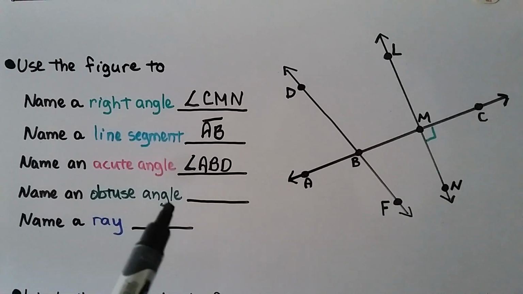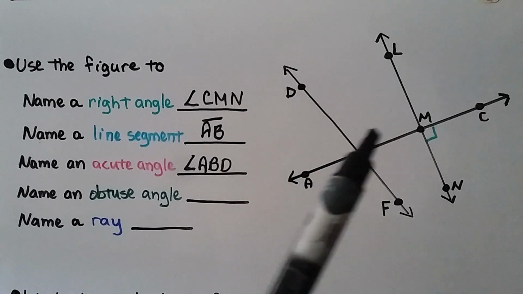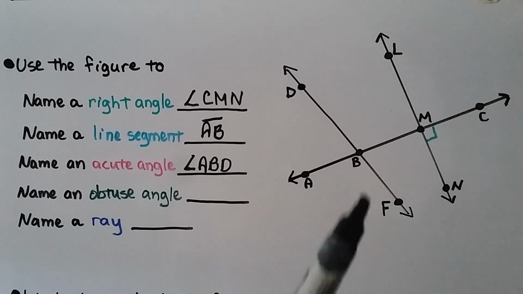Now we need to name an obtuse angle. Remember, obtuse angles are greater than right angles and they're less than straight angles. Do you see an angle that appears to be greater than a right angle? How about this angle right here, or the one across from it, this one right here? We could choose any one of those.